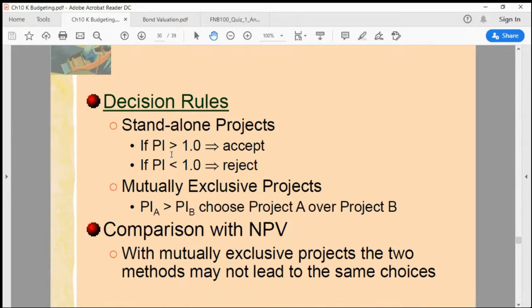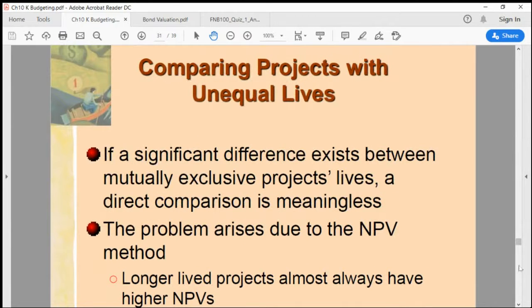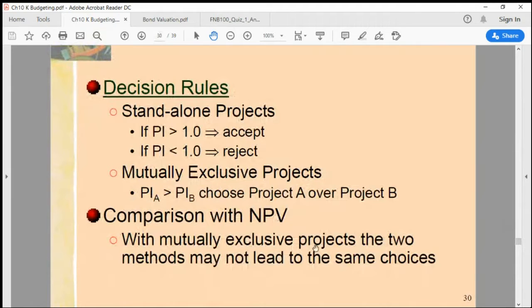But you may have mutually exclusive and competing projects, then of course, whichever gives you a higher profitability index, that will be the one selected, right? Again, with mutually exclusive projects, the two methods may not lead to the same choices.